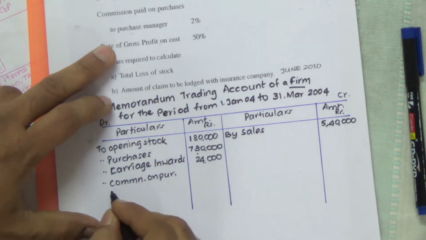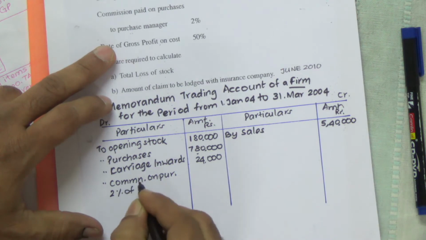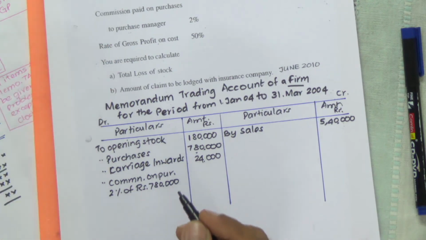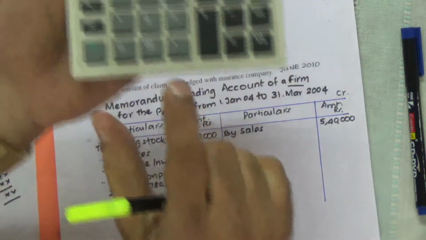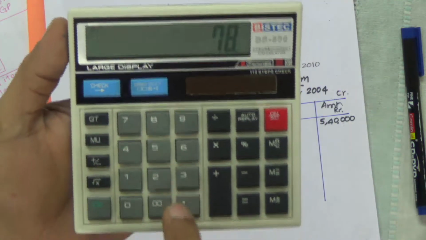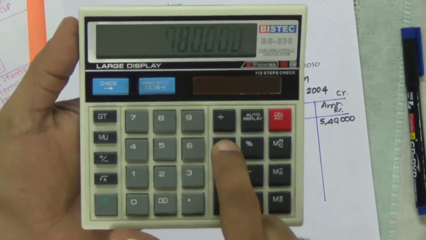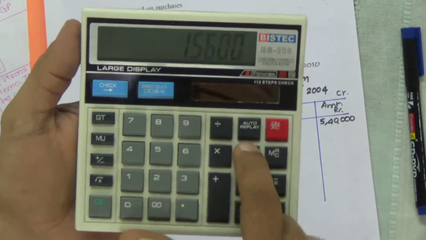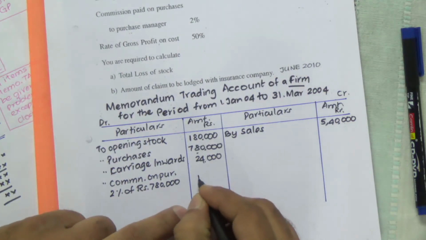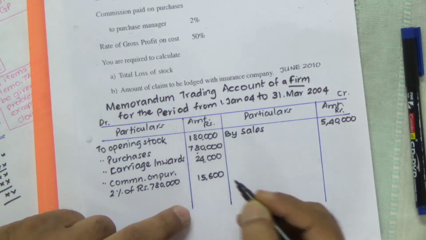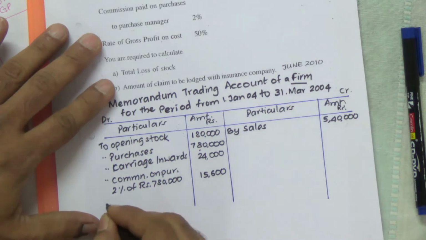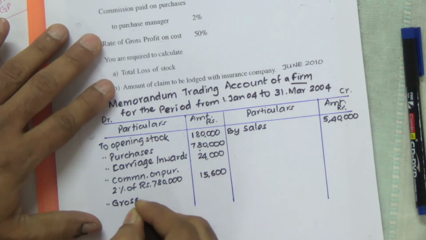Purchases are 7,80,000. 2% of 7,80,000, if I calculate 7,80,000 into 2%, that will be 15,600.